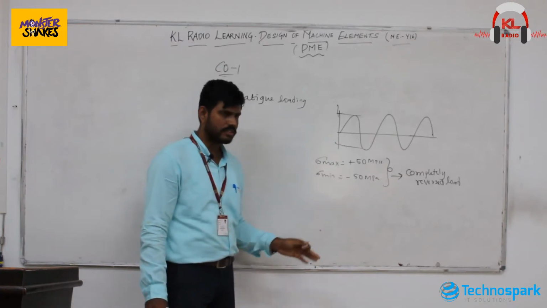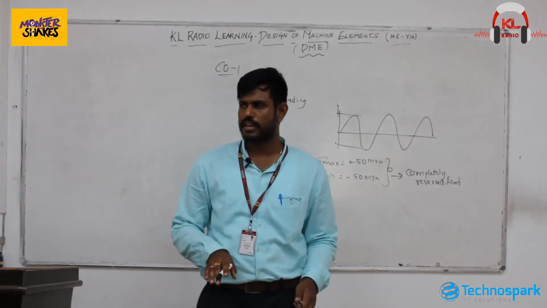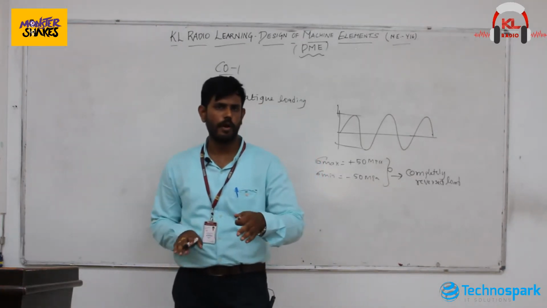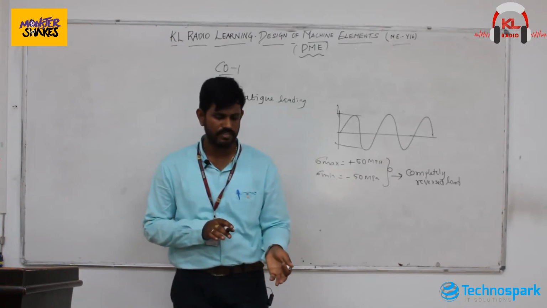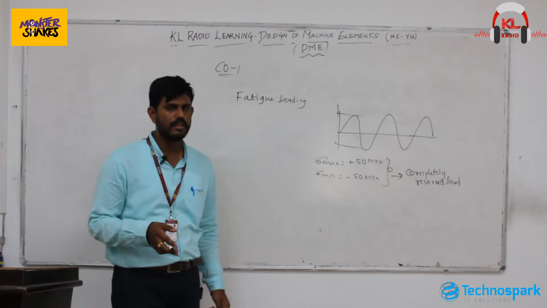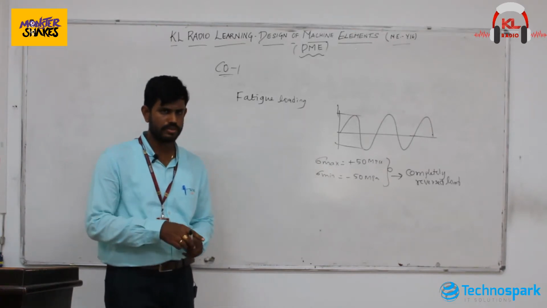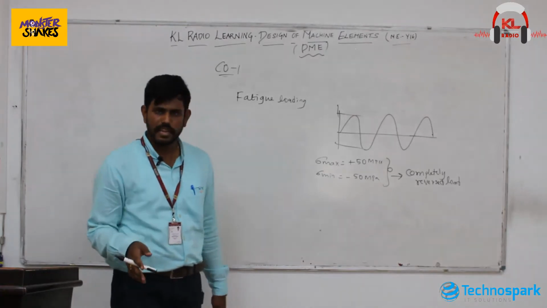This is completely reversed load, and the endurance limit is the limit that we will be taking for design in fatigue loading, which will be around, sometimes 0.5 times sigma UT, sometimes 0.8 times sigma UT. You can't expect that it will be given in the questions itself, or else some standard parameters are used from the manufacturer's catalog for different materials.